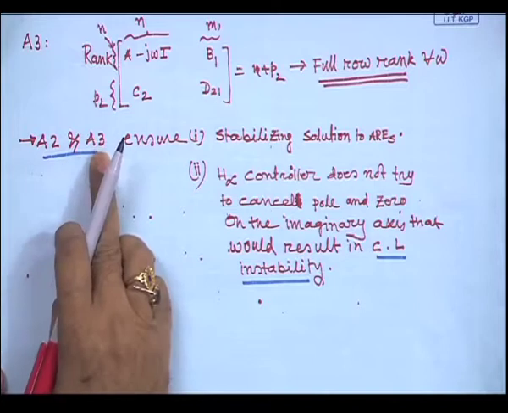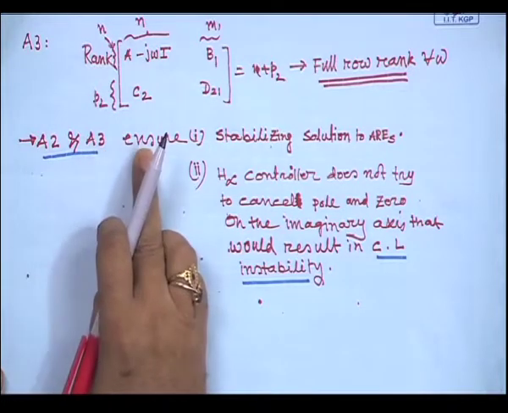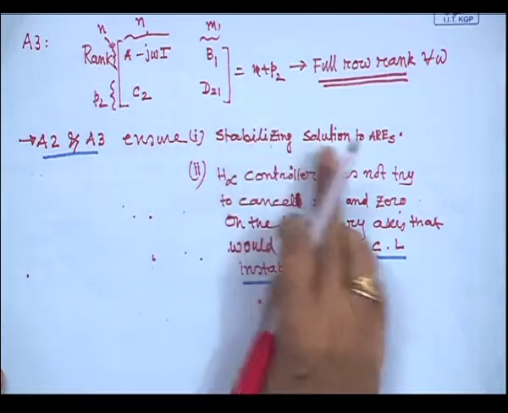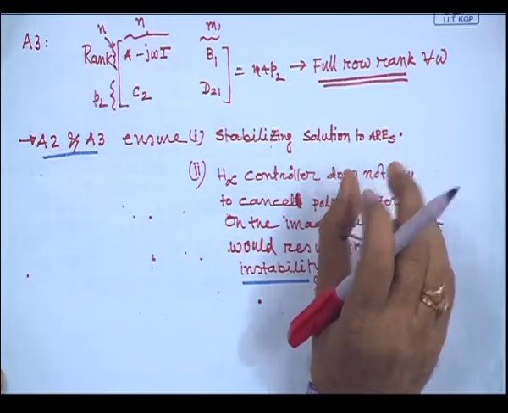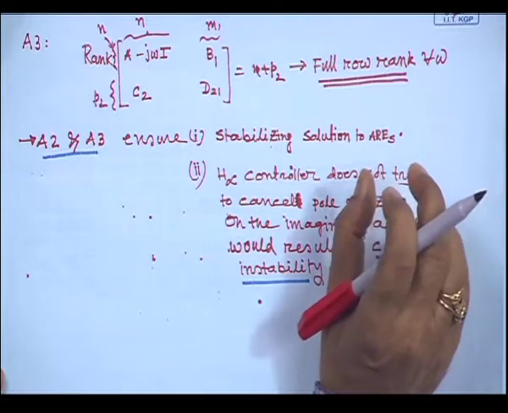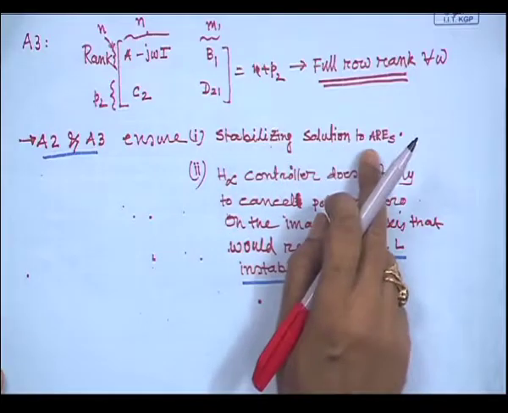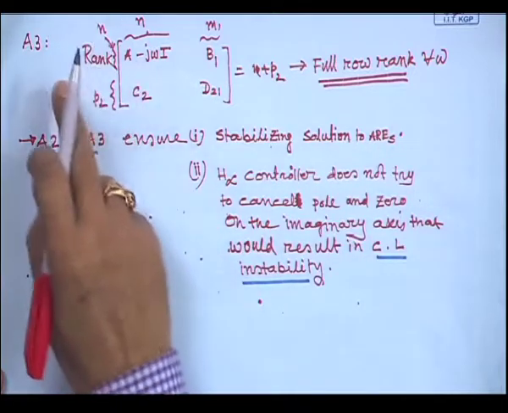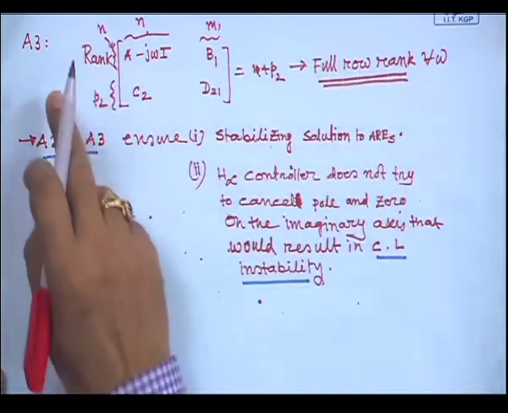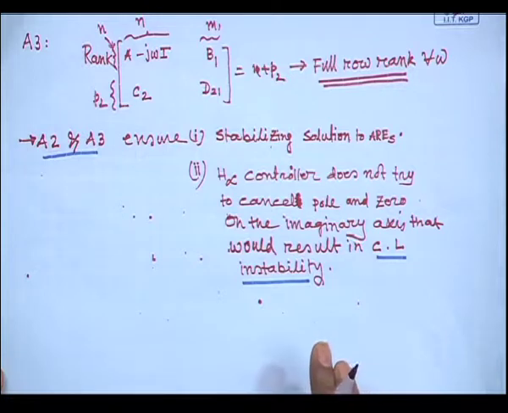So, the A2 and A3 conditions ensure that the two Riccati equations necessary to design the H infinity controller have solutions: one Riccati equation for designing the controller, another for designing the estimator. The existence of solutions of these two Riccati equations requires that the full row rank and full column rank conditions be satisfied.